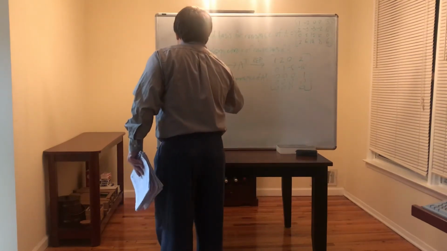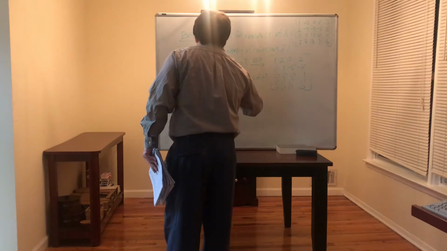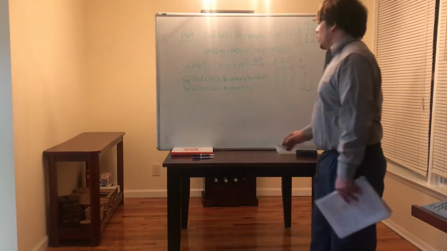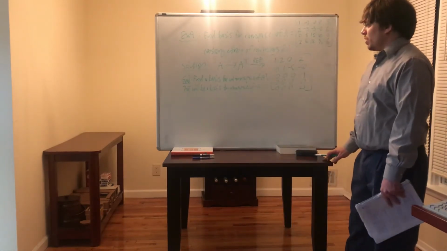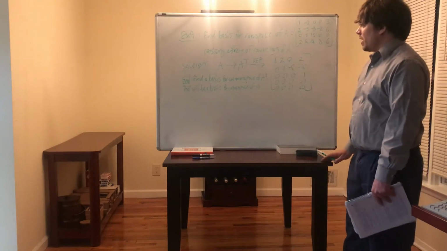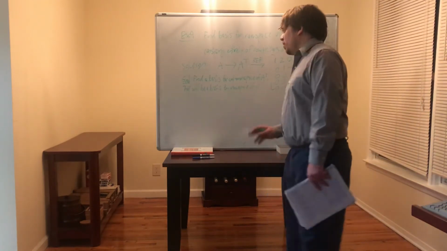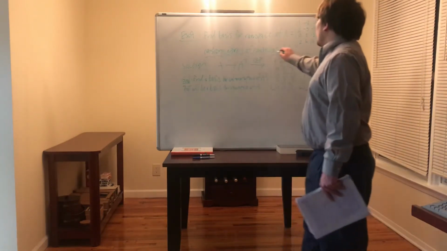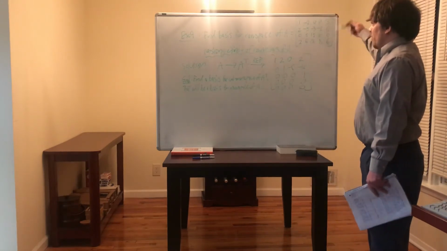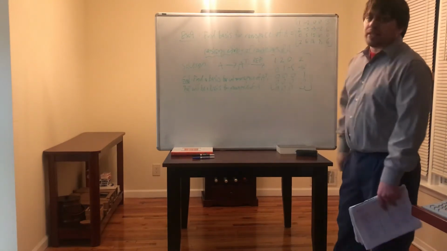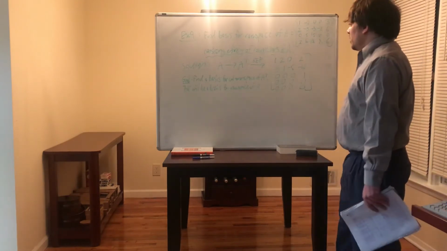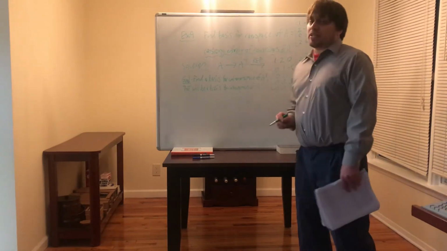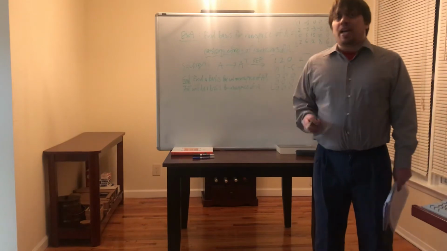That will be a basis for the row space of A. We will only be using columns of A transpose for a basis for the column space, which will correspondingly be rows of A, forming a basis for the row space of A. We want the basis to consist entirely of row vectors of A. So we're going to find only columns of A transpose that form a basis for the column space of A transpose, and that will be only rows of A which form a basis for the row space of A.